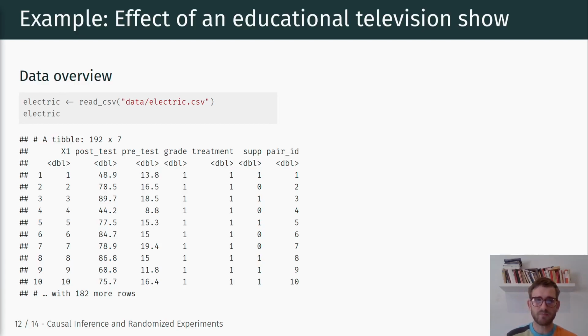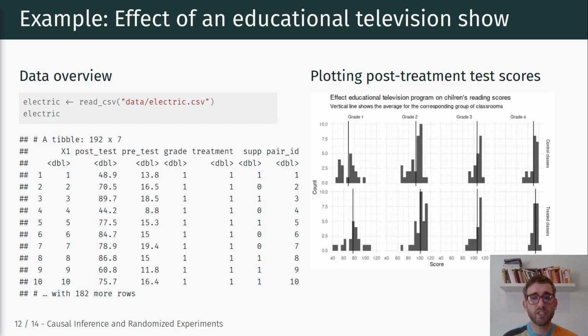As I mentioned, this is an experiment where different classes were assigned to watch an educational television show, and the outcome of interest is reading comprehension, or reading scores. We have different classes. Each of those classes completed a reading test before the intervention and after the intervention.